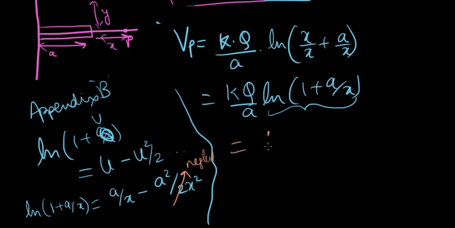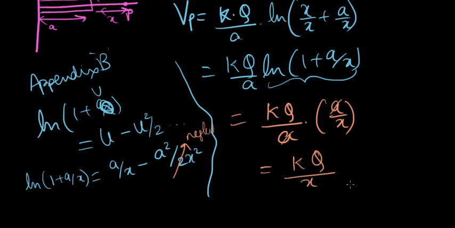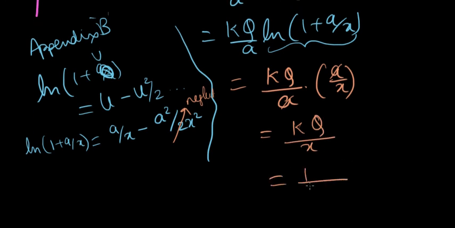Substituting that there, k q over a times a over x. The a cancels, so you have k q over x, which is 1 over 4 pi epsilon naught q over x.